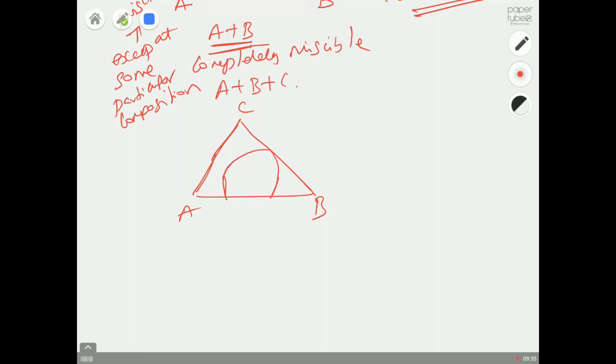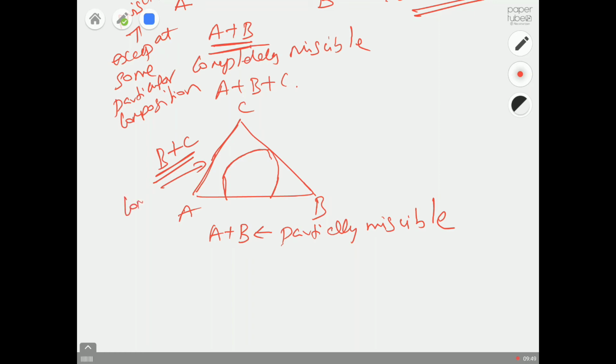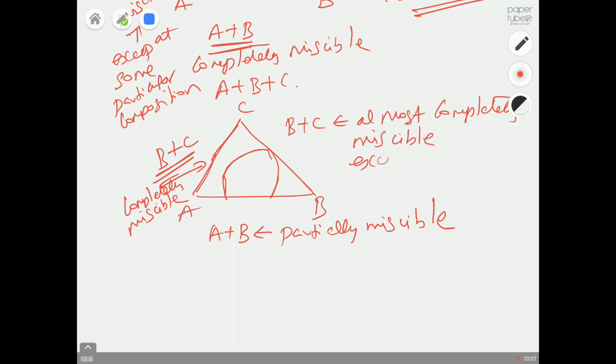So in this type of system, A plus B partially miscible, and then B plus C completely miscible, and then B plus C almost completely miscible, except at some point.